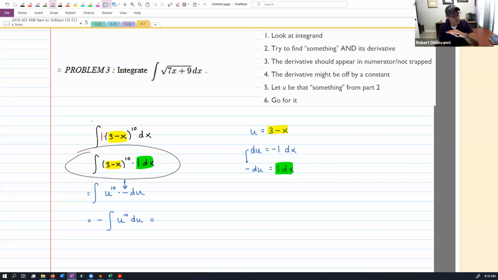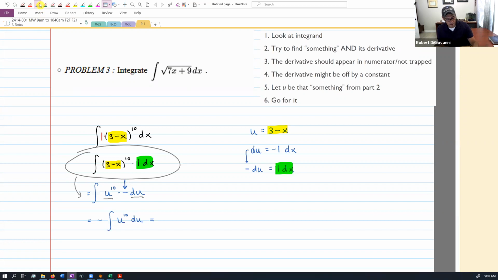It either has to be all x's or all u's. So when you get to this step, with du here and this u to the 10th, that's when we know we've successfully done a substitution, when there's no x's remaining. And then we just go through and do our integration. Hopefully we can integrate what's left.